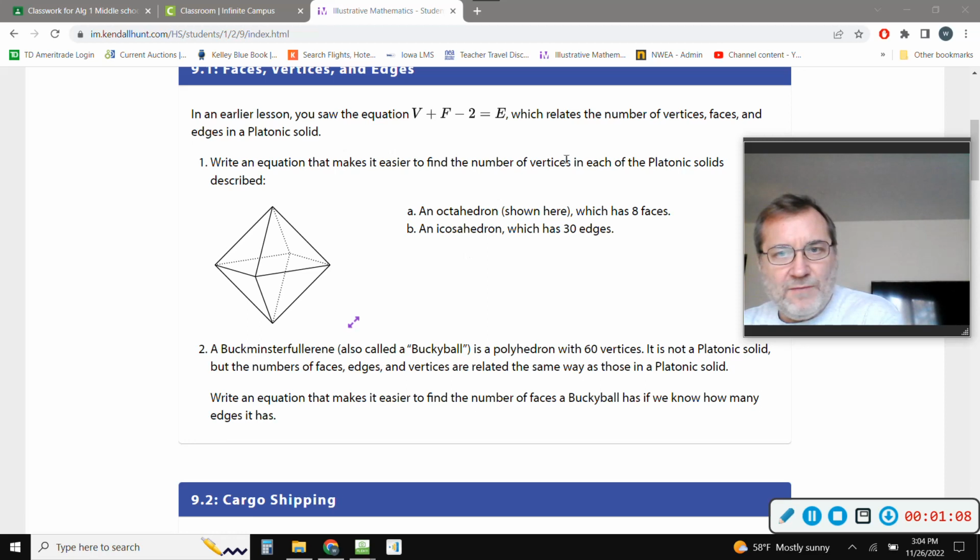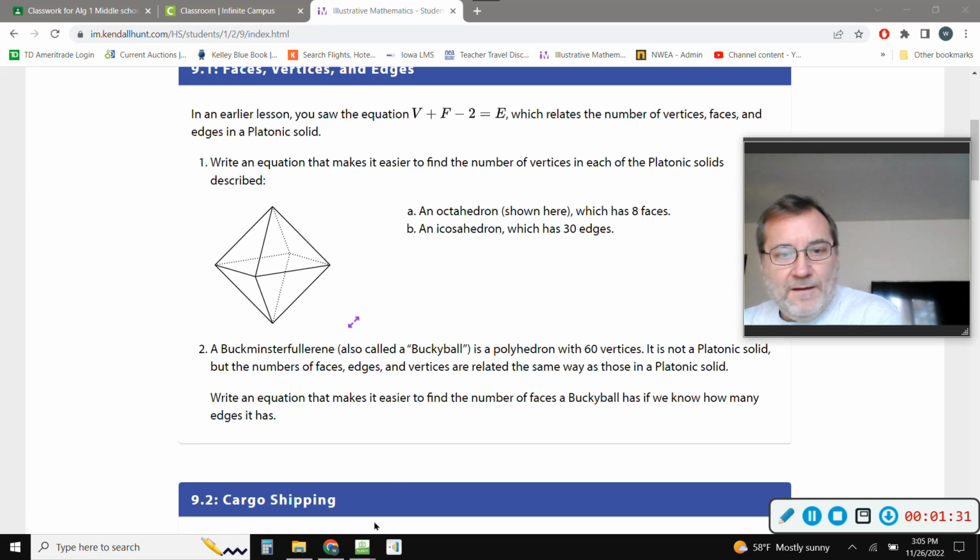So again, we're trying to solve for V. It starts out with an octahedron, which has 8 faces, and then an icosahedron, which has 30 edges. So we're just going to restate these to solve for V, the vertices.